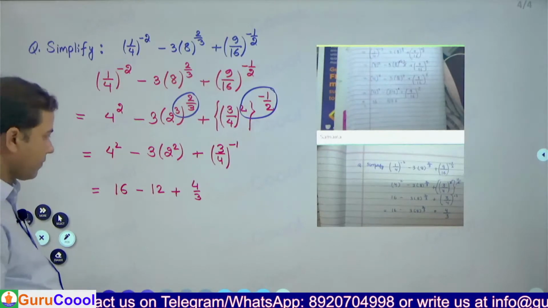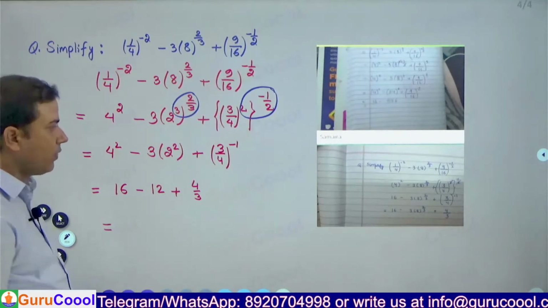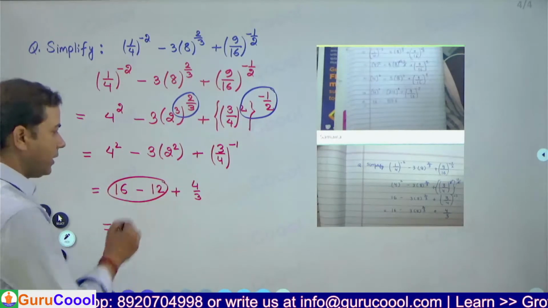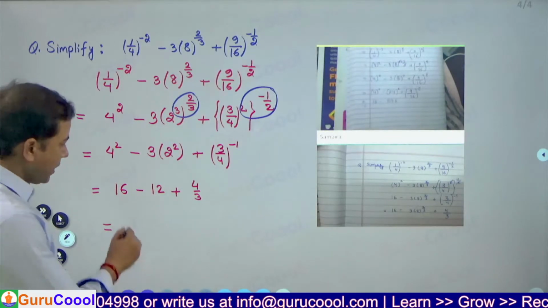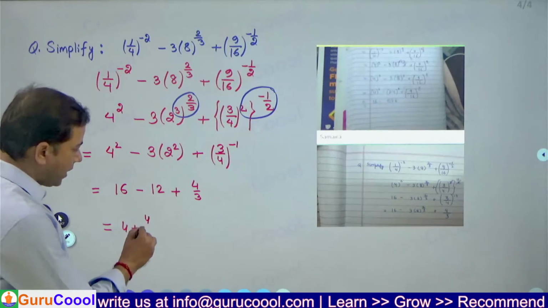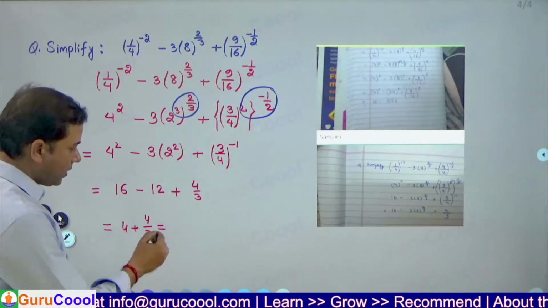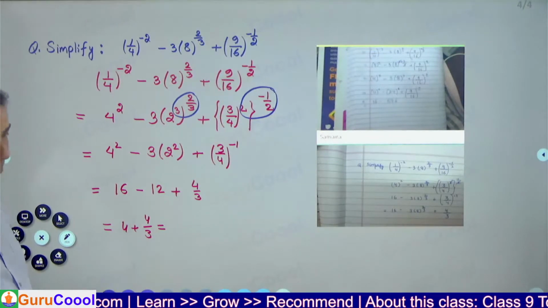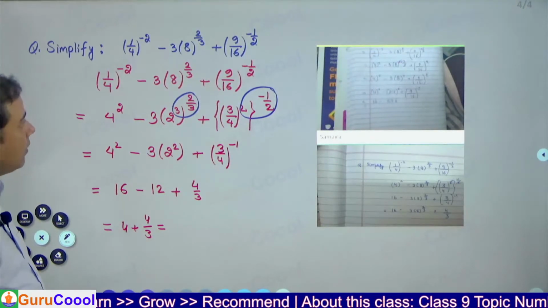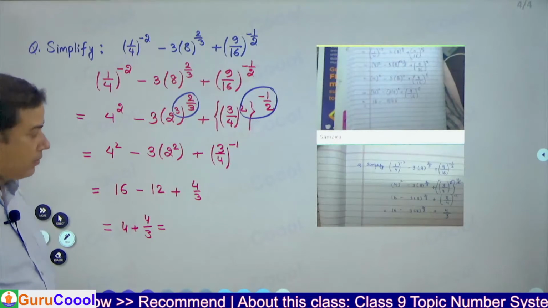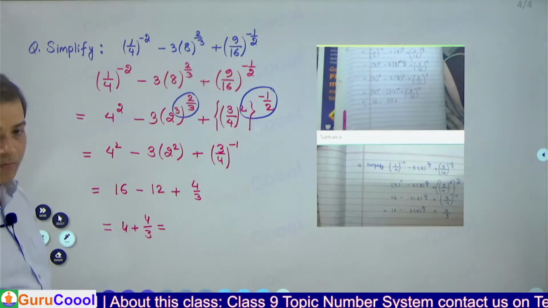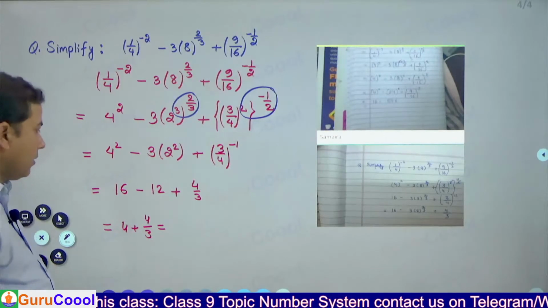Now we have to finally simplify. 16 minus 12 is nothing but 4, and 4 plus 4 by 3 is nothing but 4 and 4 by 3, right? So we can simplify it by taking LCM.